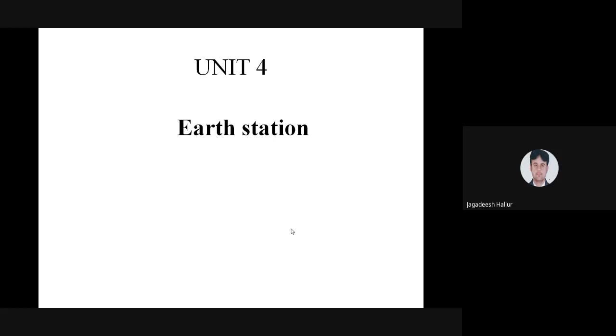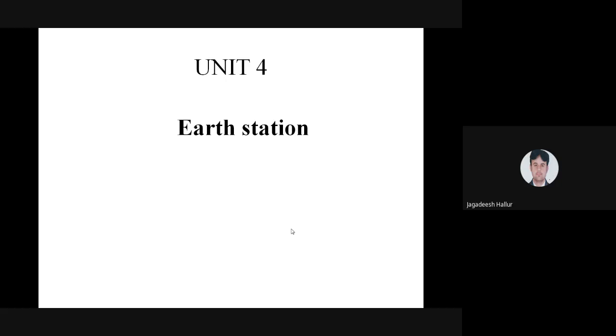This is the basic: in this Earth Station, what requirements are needed for a particular station to receive the signal from the satellite. So the unit is Earth Station.